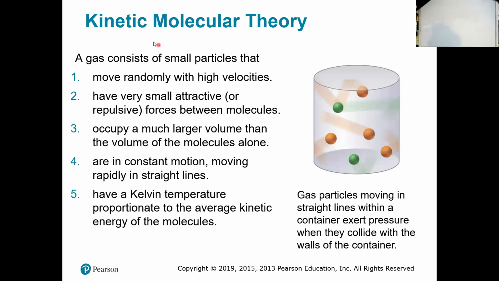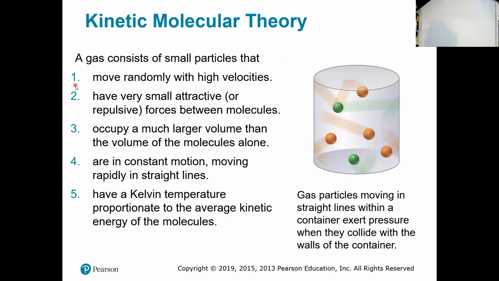Now there are certain, we'll call them tenets or points of the kinetic molecular theory. They're parts of this kinetic molecular theory that explain behaviors. All right, so we have our gases. Gases consist of small particles, like we mentioned before.